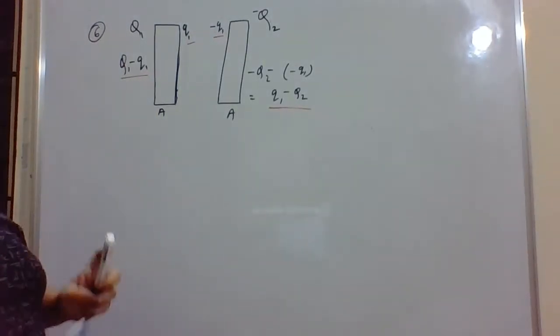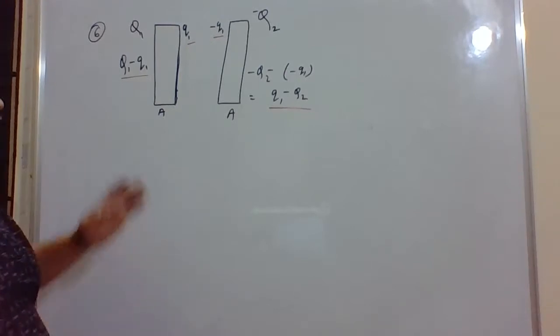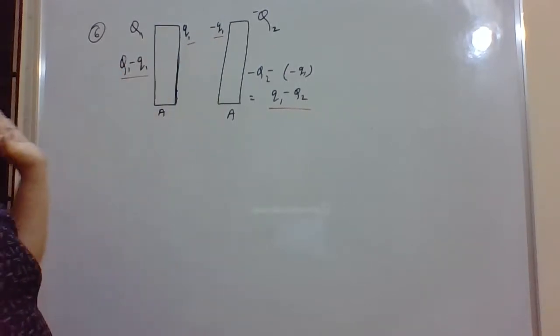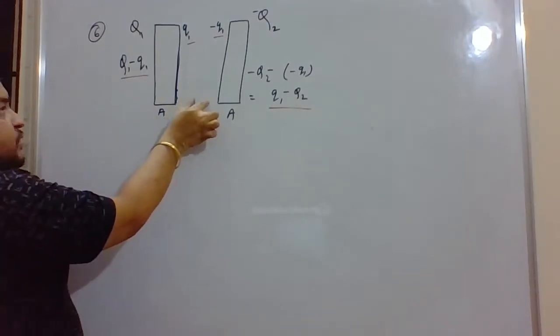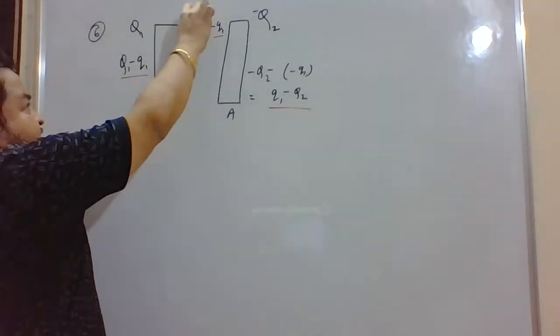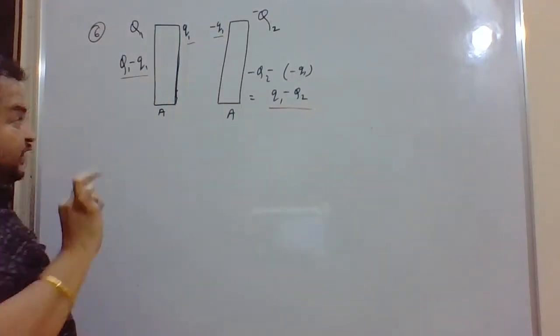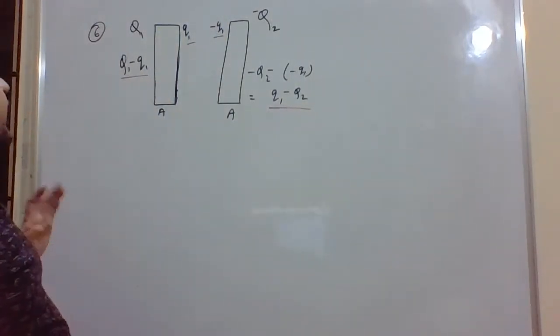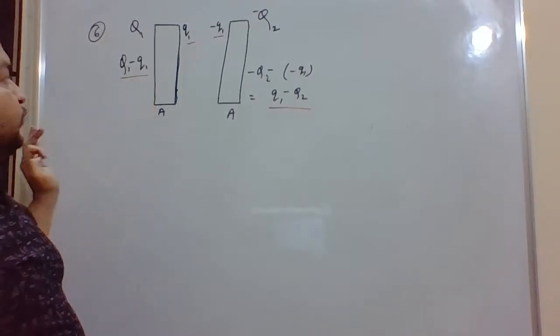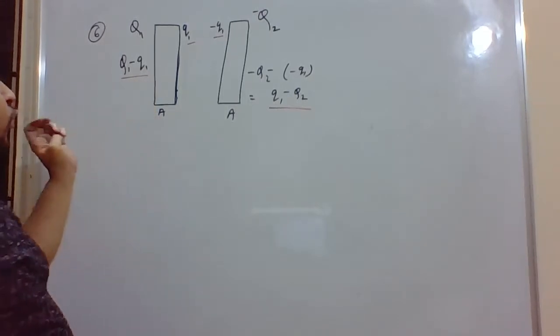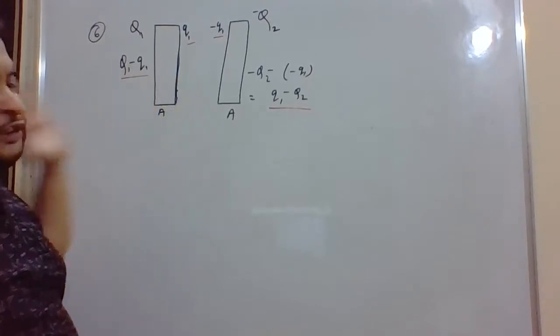One interesting thing: though we had initially given them different charges, the portion that is forming a capacitor, here, if you see, the charges are again equal and opposite. But we need to find out what would be the total capacitance, or what would be the charge distribution in this case.